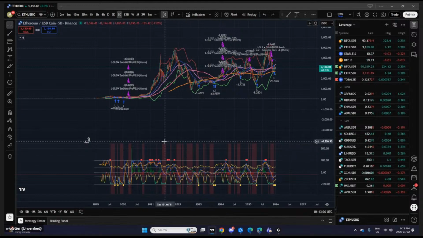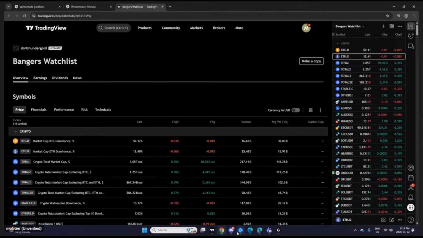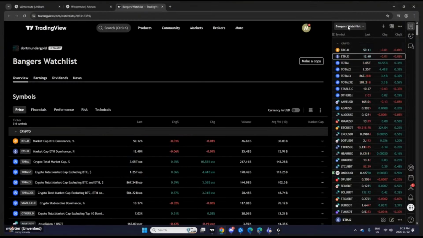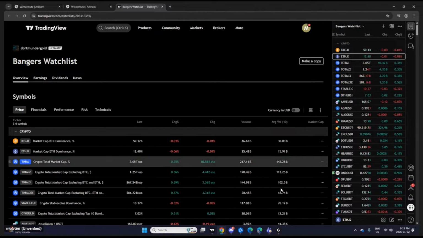There are some things that I just want to touch base with. If you do decide to get the indicator, it's super important to use this list here. Let me just pull up my Discord here. We want to be importing this list, and it should say make a copy. You make a copy.